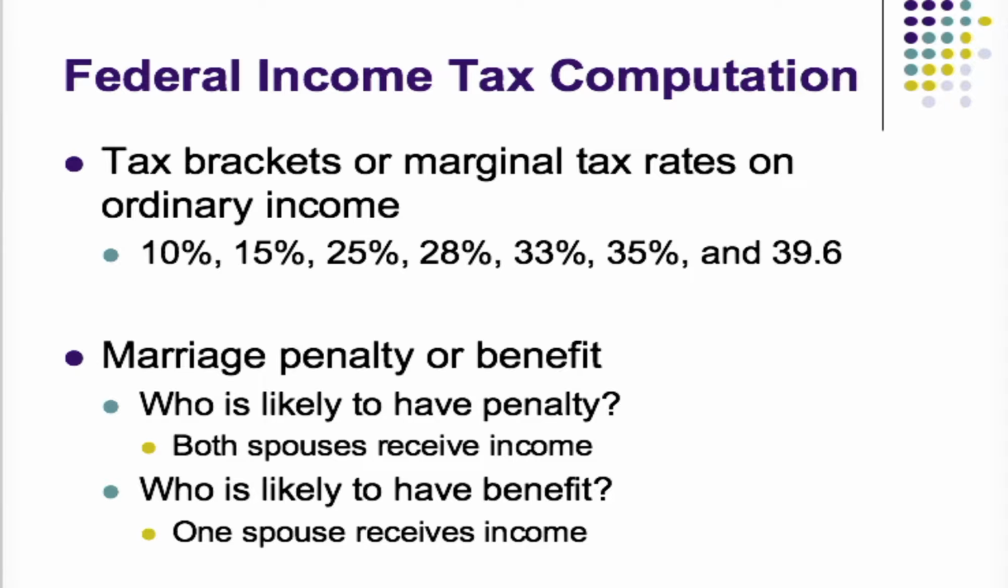So for tax purposes, using up some of that lower taxed income to make up for the other spouse not working ends up benefiting you more tax-wise than a situation where both spouses are working already and receiving income.